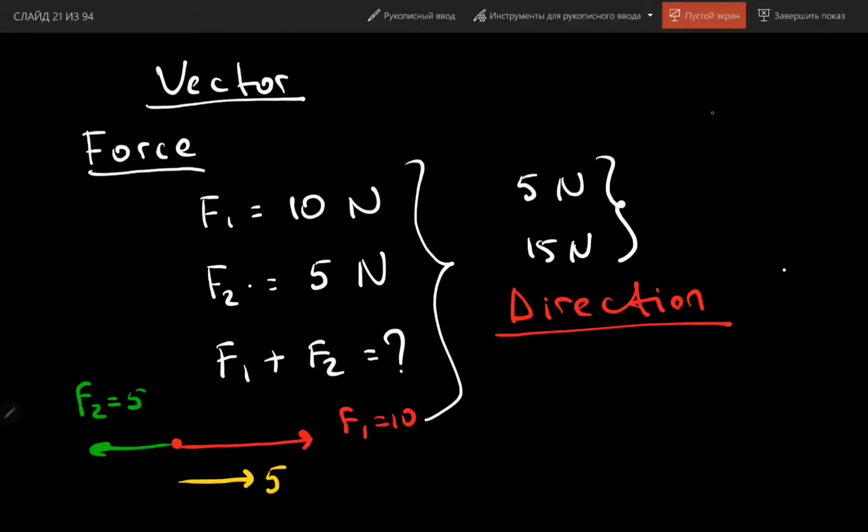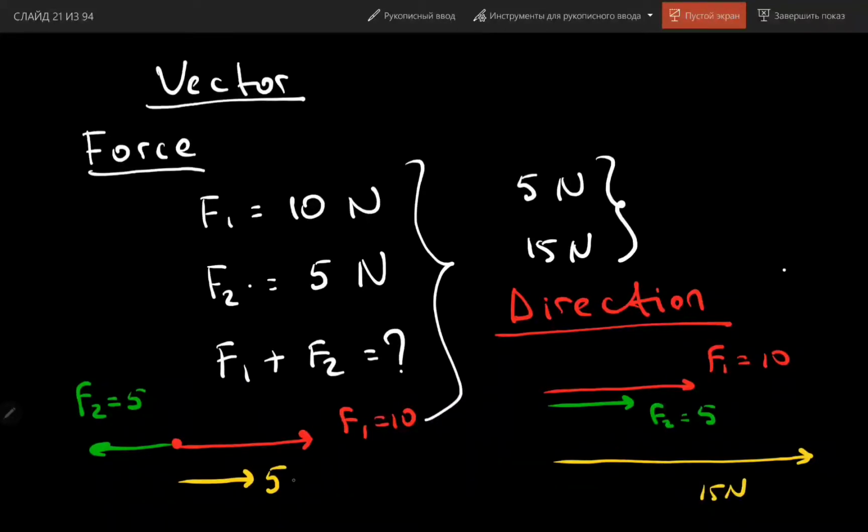Now let's say F1 was directed to the right, equal to 10 newtons, F2 also to the right, and this F2 equal to 5. What will be the resultant force? It will also be directed to the right, because both forces are acting in one direction. So the resultant force will be equal to 15 newtons. So as you see, for vectors, direction is very important.